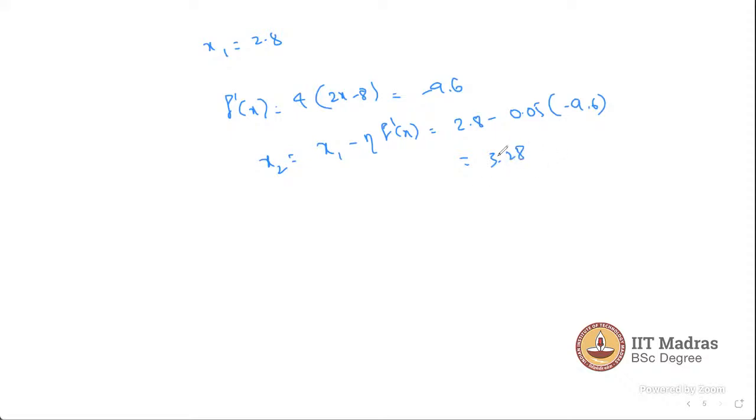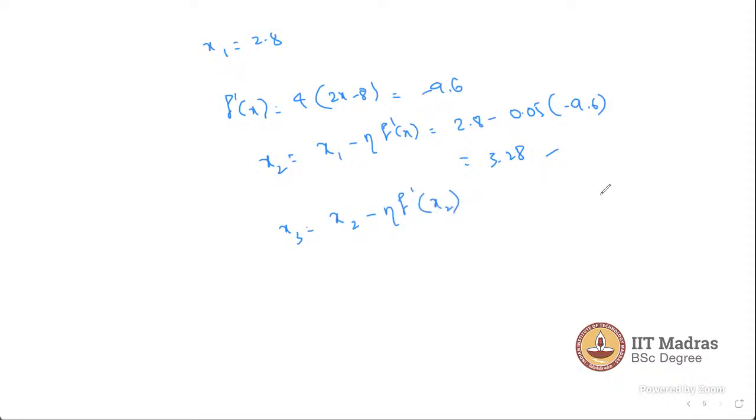I don't think even for f of x2 we will get this value within the range of 0.1. So we'll move to the higher one. x3 will be x2 minus eta into f dash of x2.